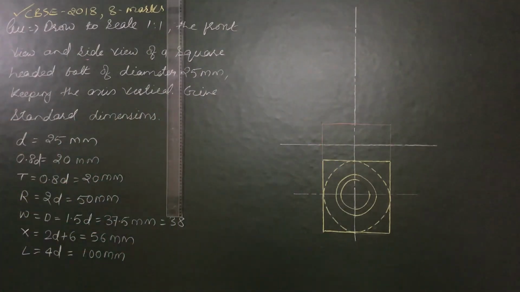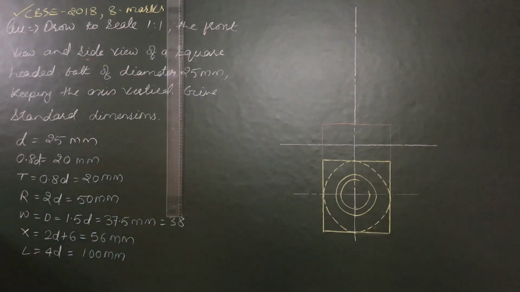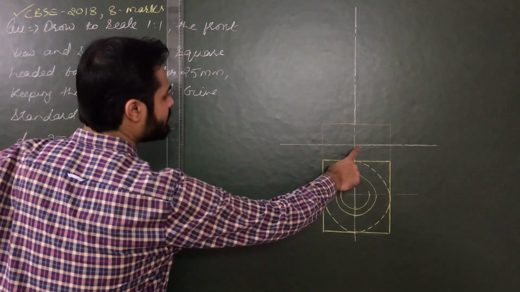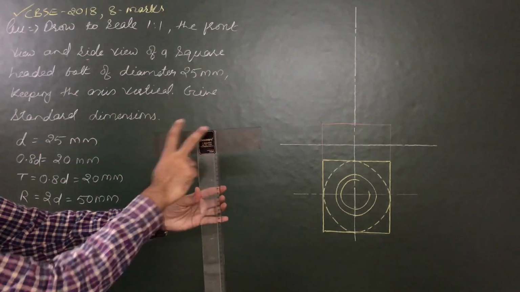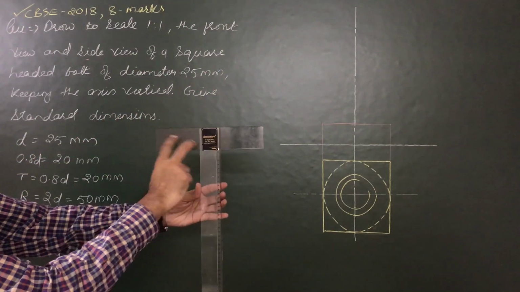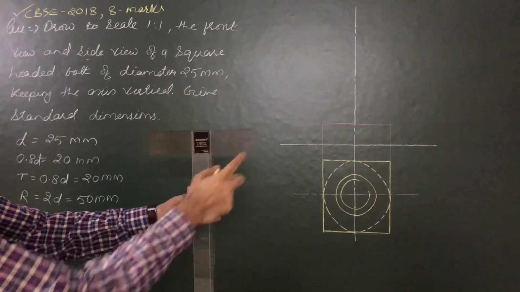Now for construction of the head, we know the process. We just have to repeat the process of the square nut. So from the end of the head, if you assume this is a square headed bolt, seen from the front, it is similar. So from this point, first we have to draw this arc.